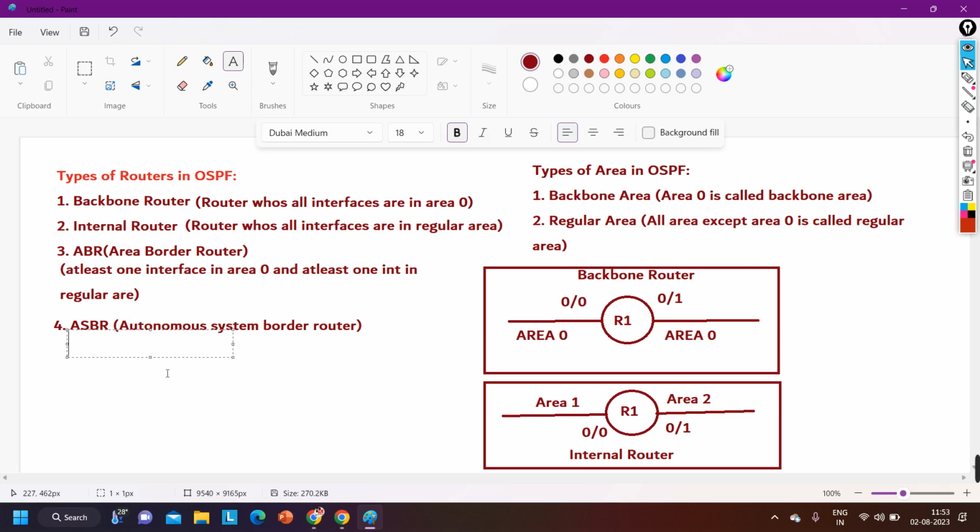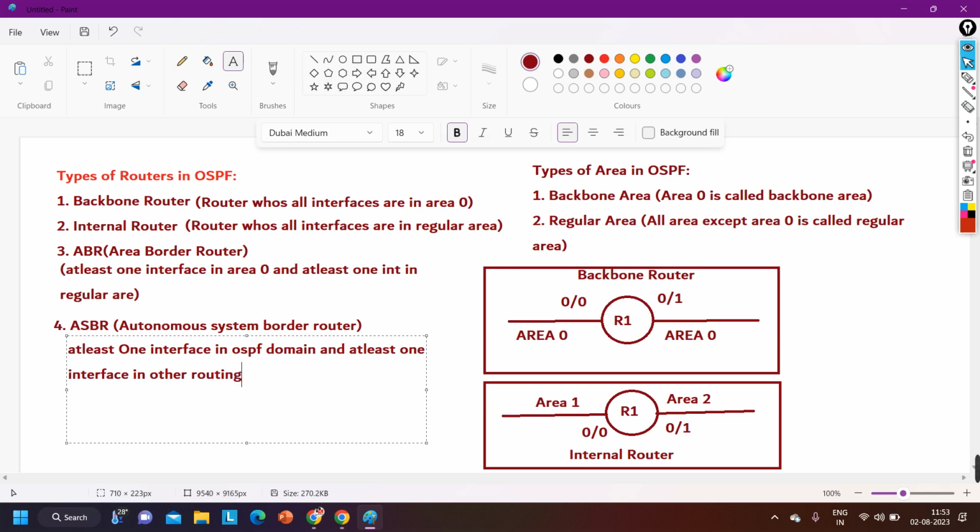Now ESBR. So router whose at least one interface belongs to OSPF domain and at least one interface in other routing domain.